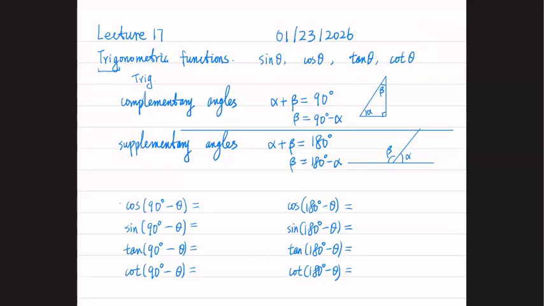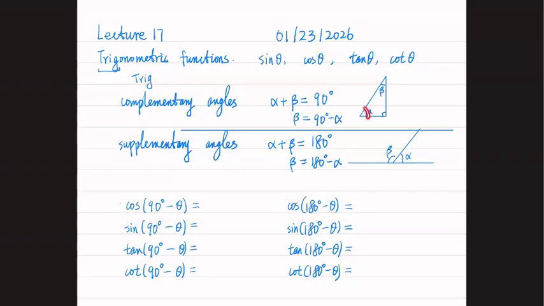Okay. Aaron, first one, cosine supplementary. Let's see now. That will still be cosine. Okay, think about it. So supplementary, complementary, what's the difference?